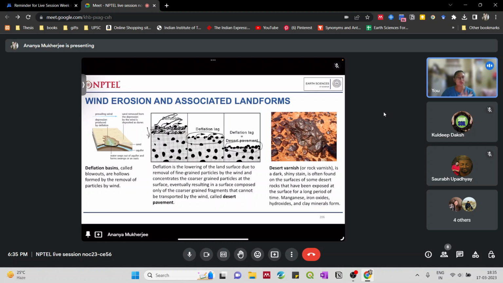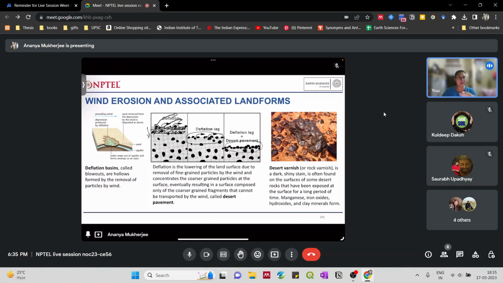Due to exposure to the surface, temperature variation, and maybe some chemical weathering taking place in these areas, the surfaces get covered by a layer of oxides of metals like manganese and iron, while minerals like orthoclase or microcline start disintegrating and changing their chemical composition to clay minerals.